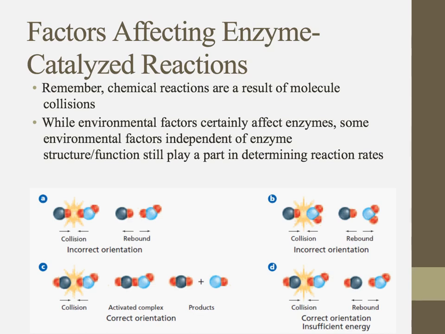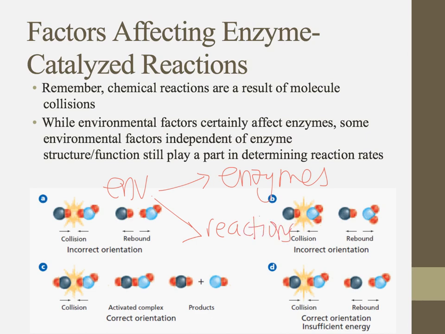There are factors in the environment that can affect enzymes for sure, but there are also other factors in the environment that can affect reactions as a whole. That could be like what kind of substrates are available, the temperature, all kinds of things.